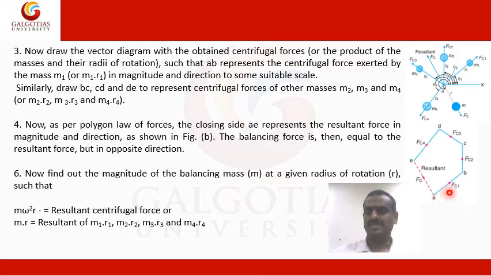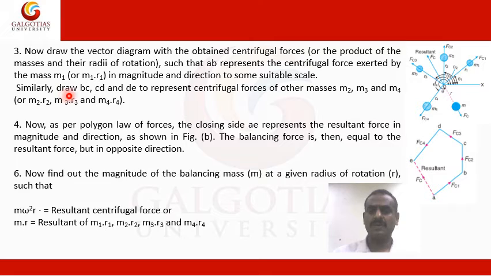The value of Fc1 equals m1 r1, so based on that formula we calculate the value of Fc1 and draw the vector AB. Vector AB is inclined to the horizontal at an angle of theta 1, so the angular position of AB is similar to the angular position of mass 1.